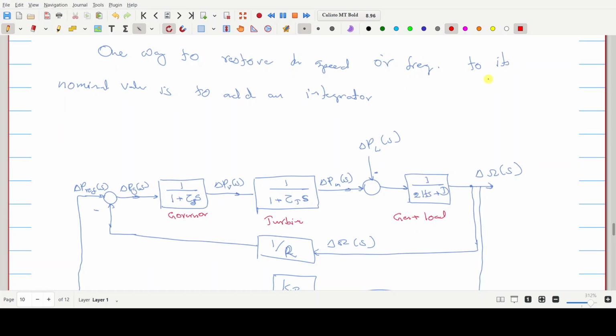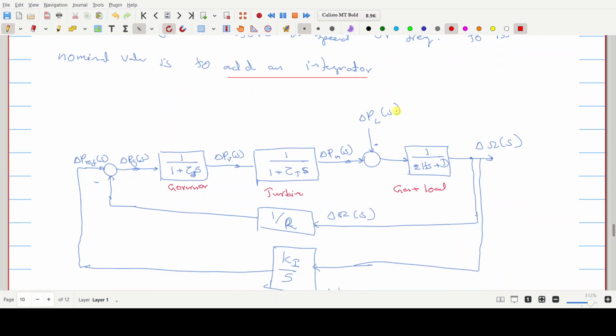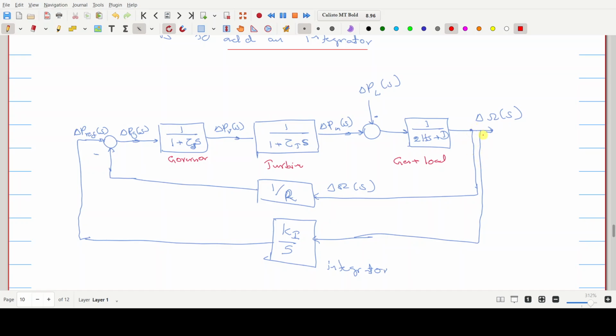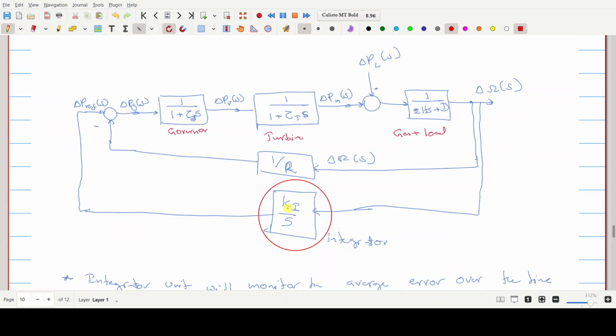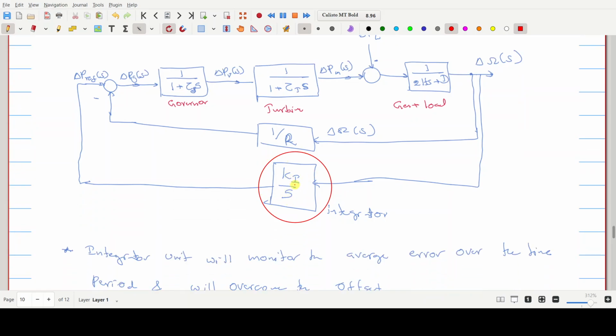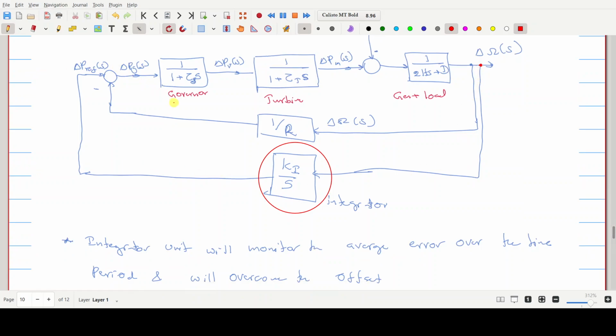Okay, so we can bring it back to its nominal value, right? So basically what you can do here is simply add an integrator to the loop. We had this part as our control system earlier. Now we are adding the integrator here, the transfer function is ki over s, and that is used to create the reference from the speed signal of the generator.